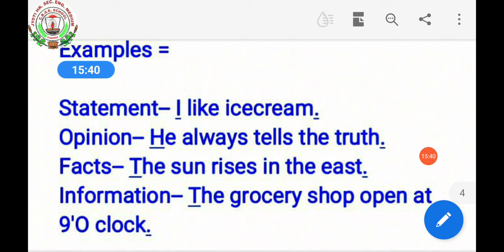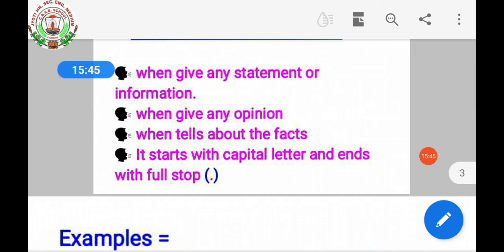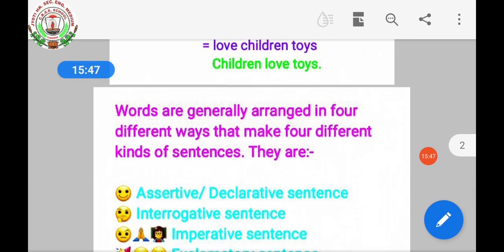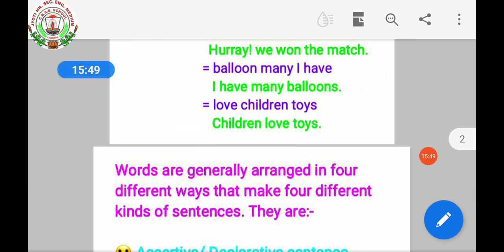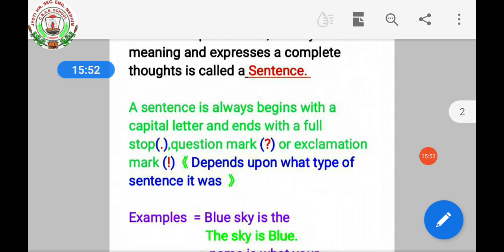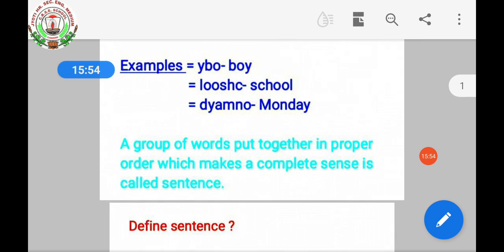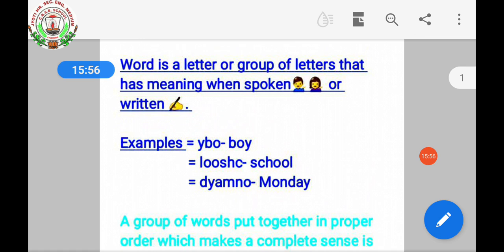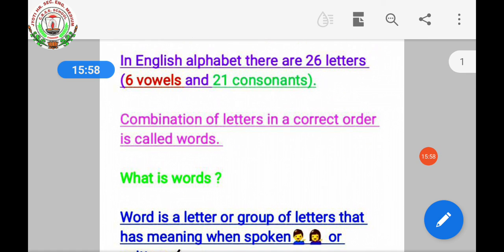Okay students, hope you understand all of this up to here: assertive or declarative sentence, how many types of sentences there are, what is a sentence, what is a word, what we call a group of words, what we call a combination of letters, how many letters there are in the English alphabet, and how we use letters to make words and then make a sentence when we put the words in a proper, correct order.